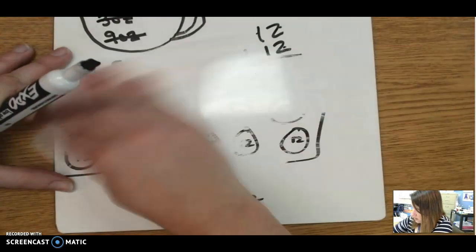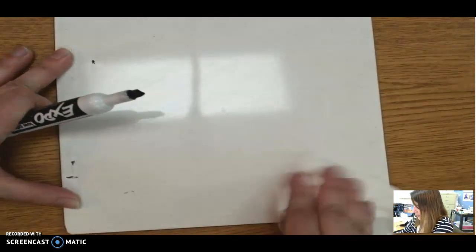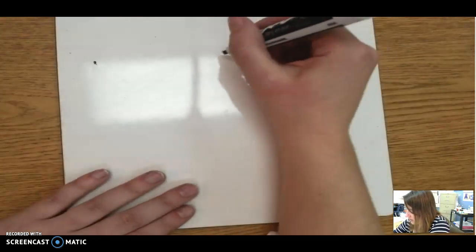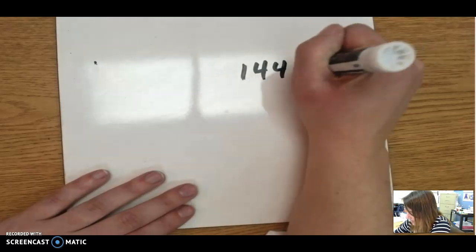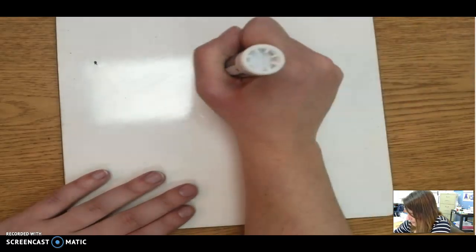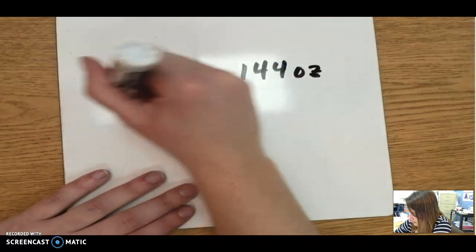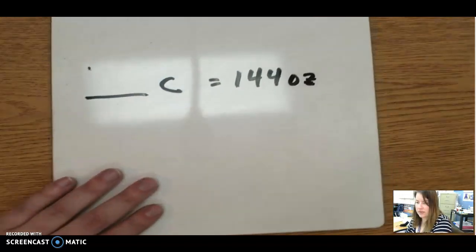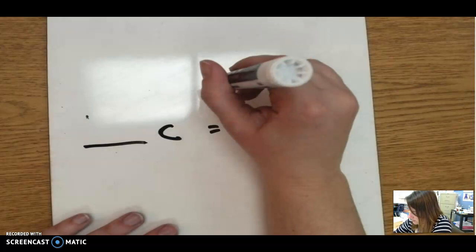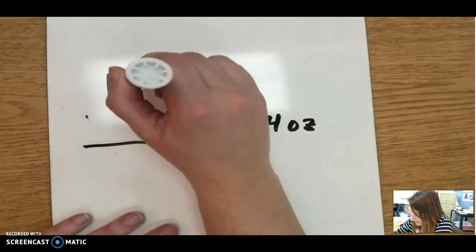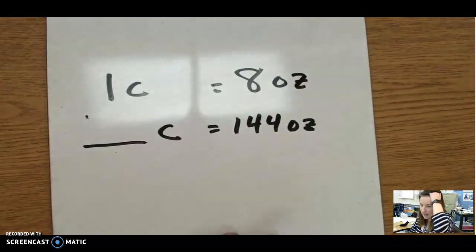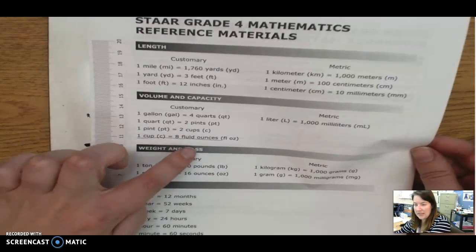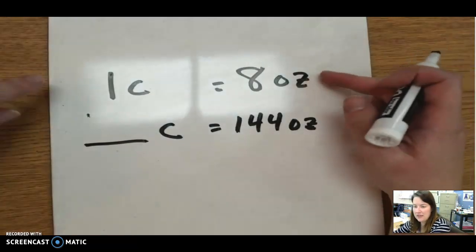So I'm going to make some more space here real quick. So I have 144 ounces. I don't know how many cups that equals. But I do know that 1 cup is equal to 8 ounces. So this is what we do now. I pulled this off of our reference sheet. 1 cup is the same as 8 ounces.